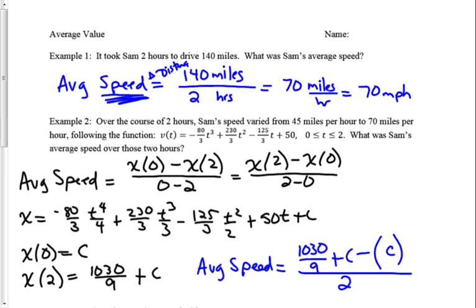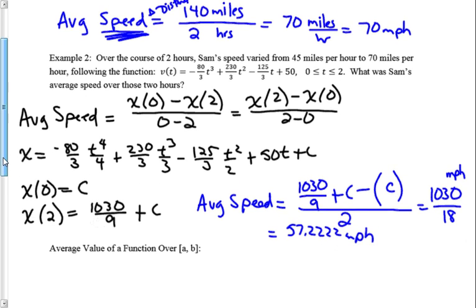And of course my c's are going to cancel out, and I end up with 1030 over 18, and that is the same as 515 over 9, which is also the same in decimal as 57.2222 miles per hour. So we've done example 1, and we didn't need any calculus. Example 2, we need some calculus because we had to find position.